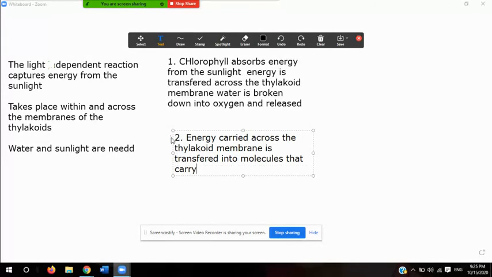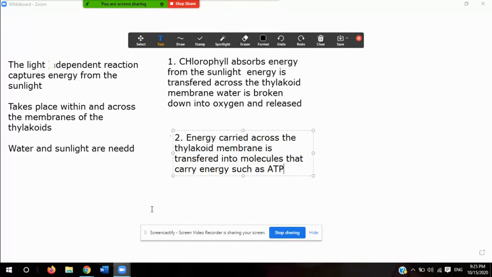All right. This is the second step of the light dependent phase. Again, once water is broken down into oxygen, the energy goes across the thylakoid membrane, and that turns into ATP pretty much.